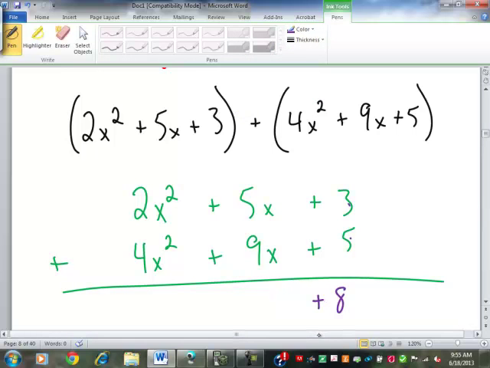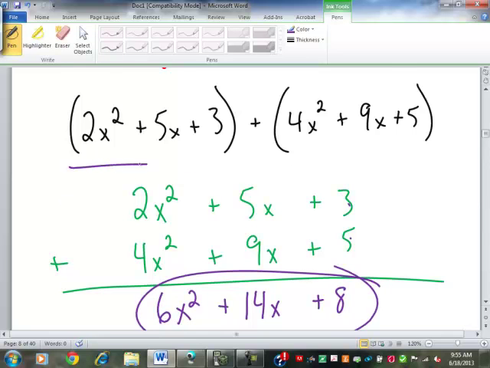Put a plus in front of it. 5x plus 9x is 14x. Positive again, so we put a plus in front of it. 2x squared plus 4x squared is 6x squared. Good. So that is the solution to this.